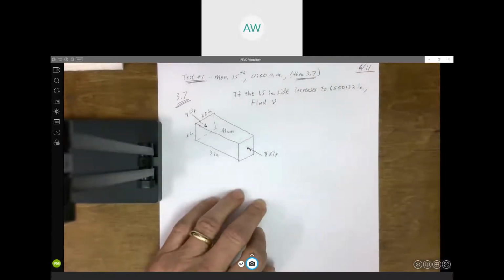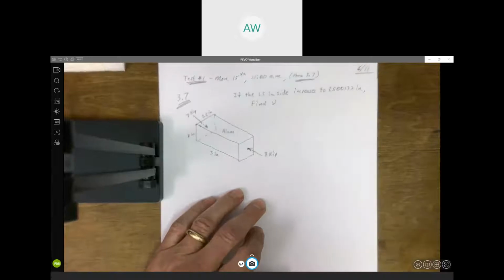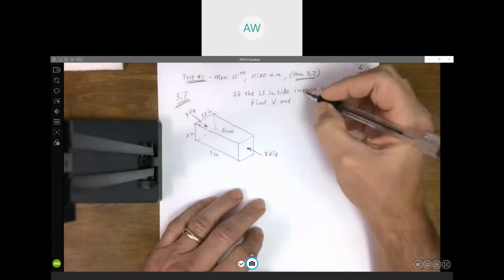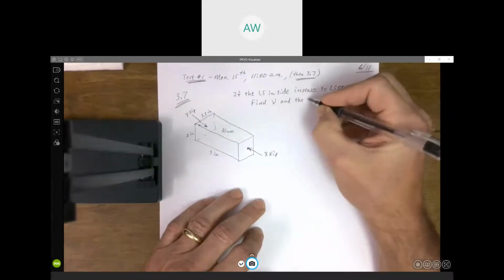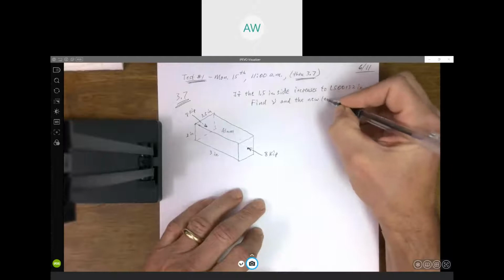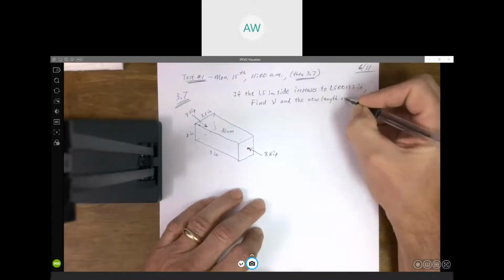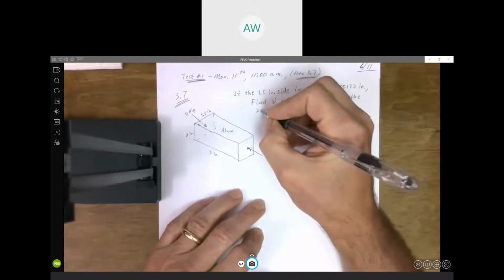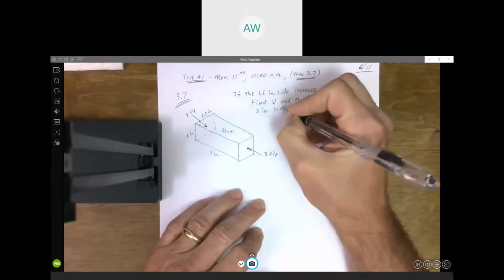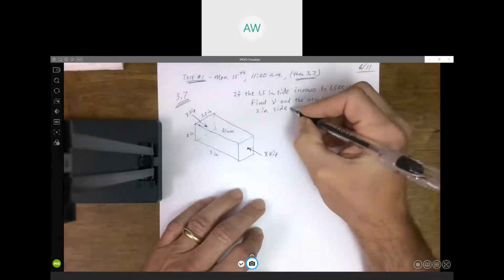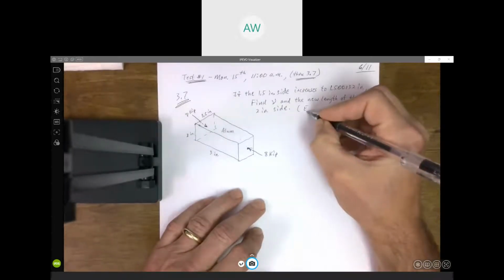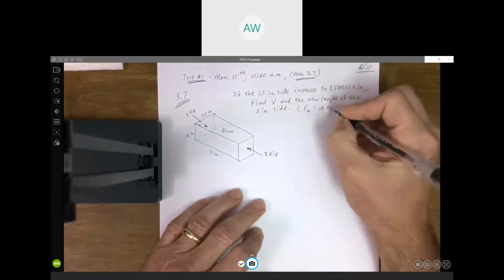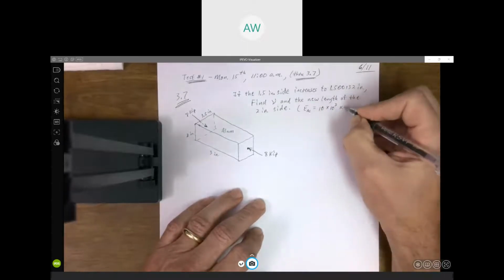Remember, notation uses a lowercase Greek letter nu for Poisson's ratio, and also what the new length of the 2-inch side is. And we are given the modulus of elasticity for aluminum is 10 times 10 to the third ksi.